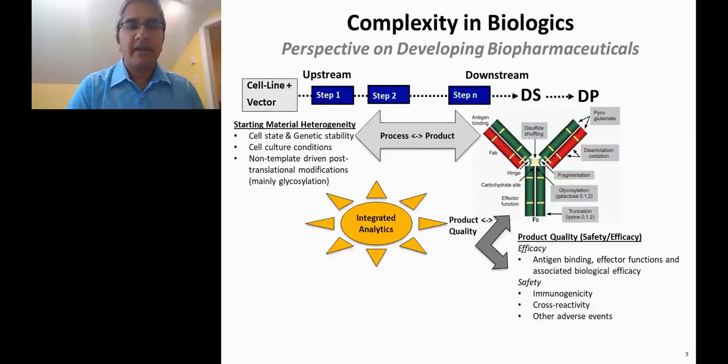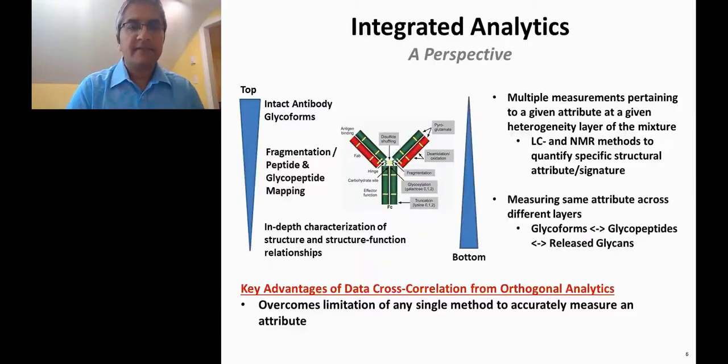So when we look at integrated analytics, there are obviously many ways of defining it, but from our perspective, we look at it again at two levels. As you know, from many regulatory considerations, there is always a push to develop orthogonal methods and integrated methods.